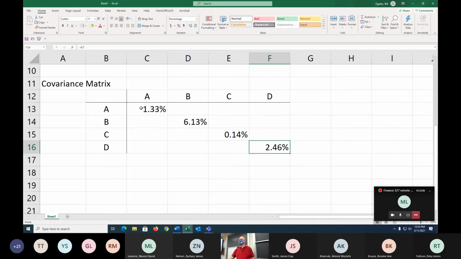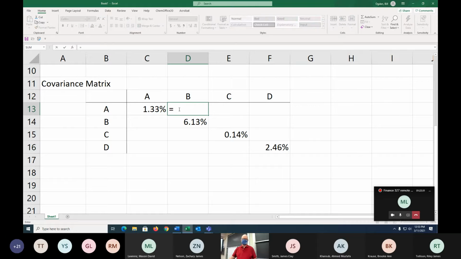So no matter what the size of your matrix is, the terms along the diagonal are your variance terms. Okay, the terms off the diagonal, such as this one or this one, are your covariance terms. So let's get them. I want A varying with B. So I just go up and get it.